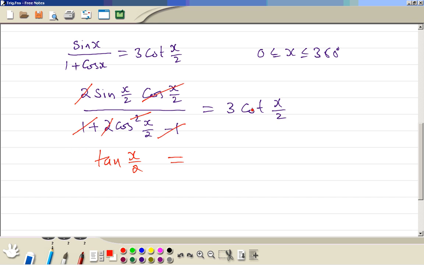And the right hand side, cot, which is 1 over tan, multiply both sides by tan x over 2, so we get tan squared x over 2 equal to 3.